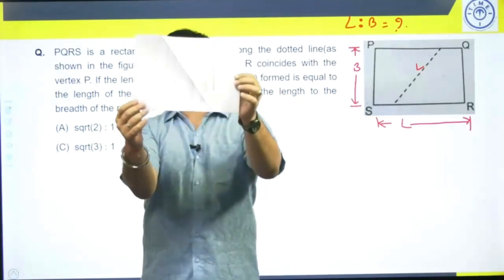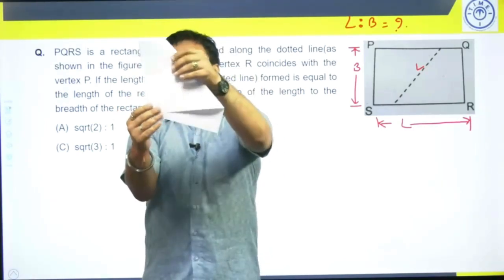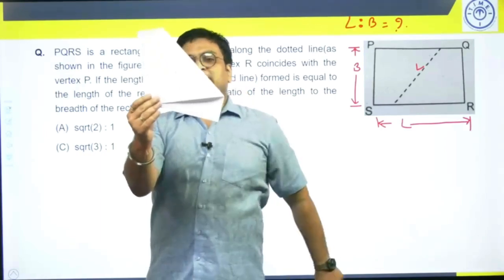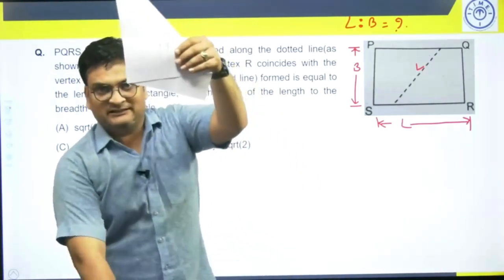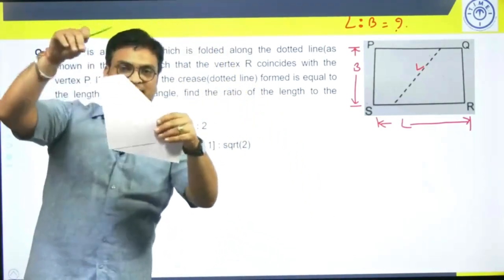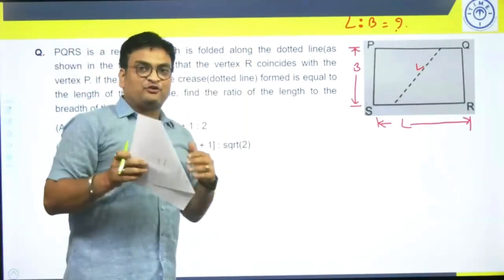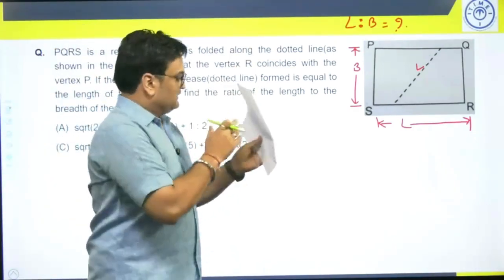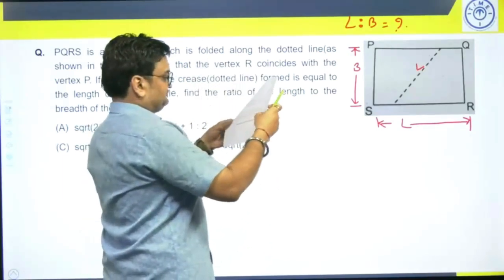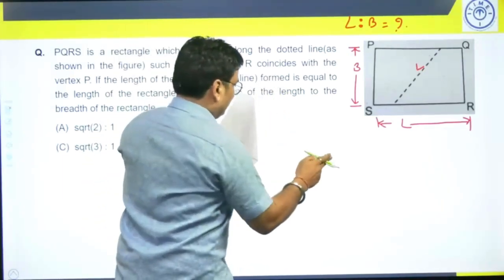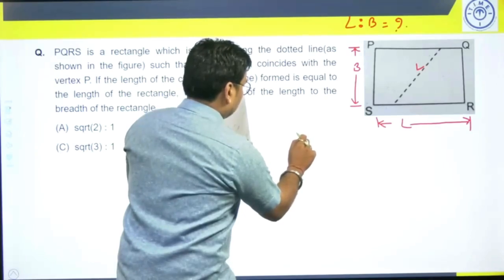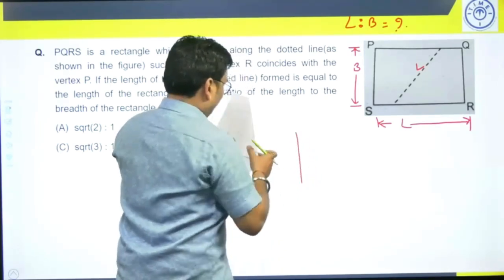So this was the original rectangle. Now I am folding it. It would look like this. Now I'll try to draw this particular folded figure here and show you some details about it. Just a minute, I'm trying to have a rough diagram for this.